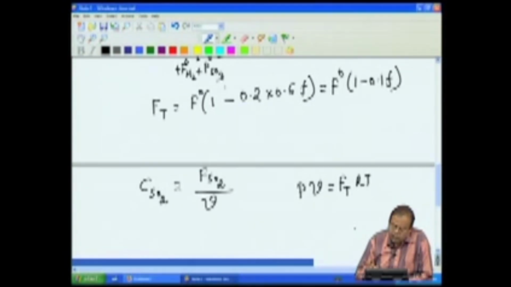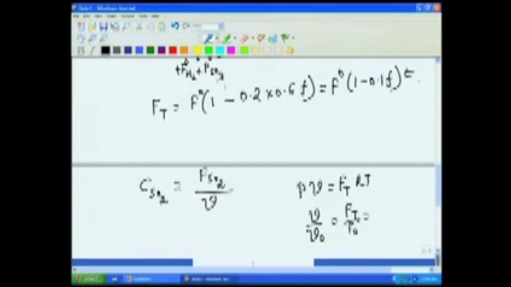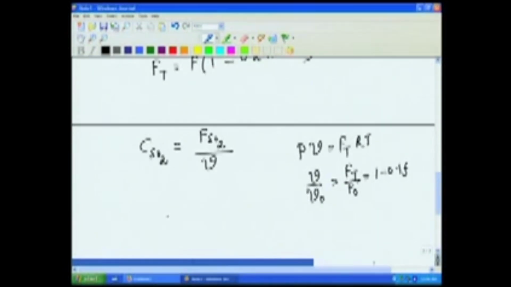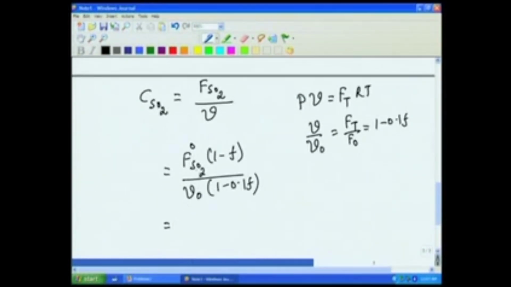So, if I take my pressure and temperature constant, then V by V naught is F t by F naught, which from the above equation is 1 minus 0.1 F. So, now let me put F naught of SO2 into 1 minus F for F of SO2, and for V I will put V naught into 1 minus 0.1 F. These two together now give us F naught of SO2 by V naught, those are all inlet conditions.